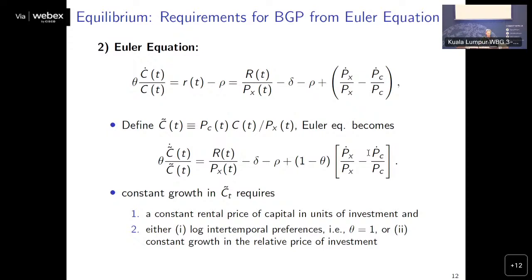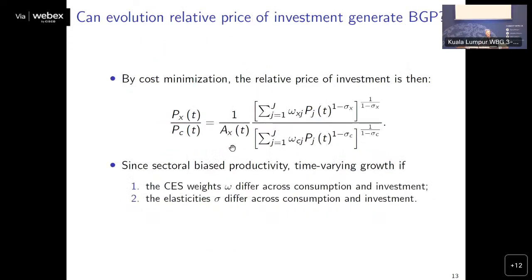The next couple of slides are going to show you that in general, in a structural transformation model, if I don't make this log intertemporal preferences assumption, this relative price of investment is not going to grow at a constant rate because of structural transformation. And the other thing is that this rental rate in units of the investment good is also not going to remain constant. So this is the heart of the problem. And just to show you, this is the relative price of investment.